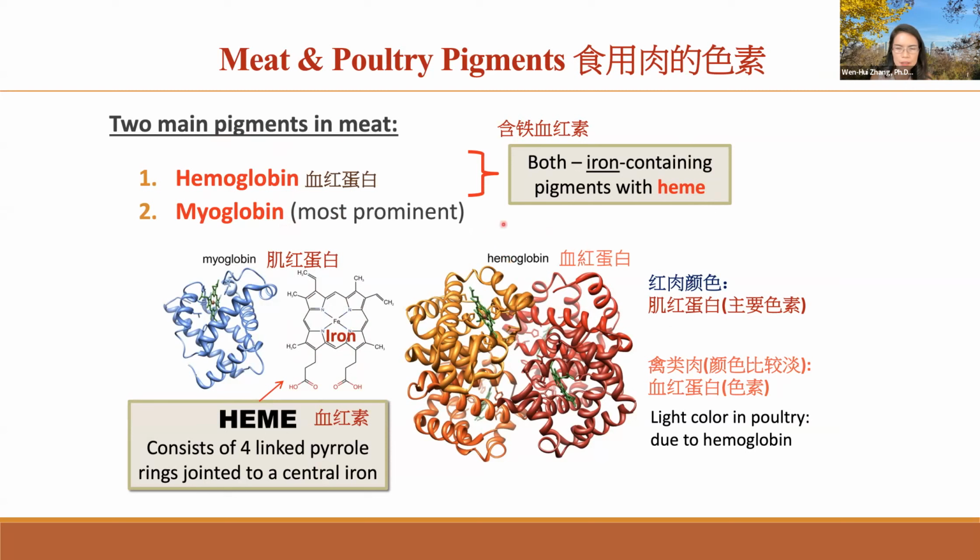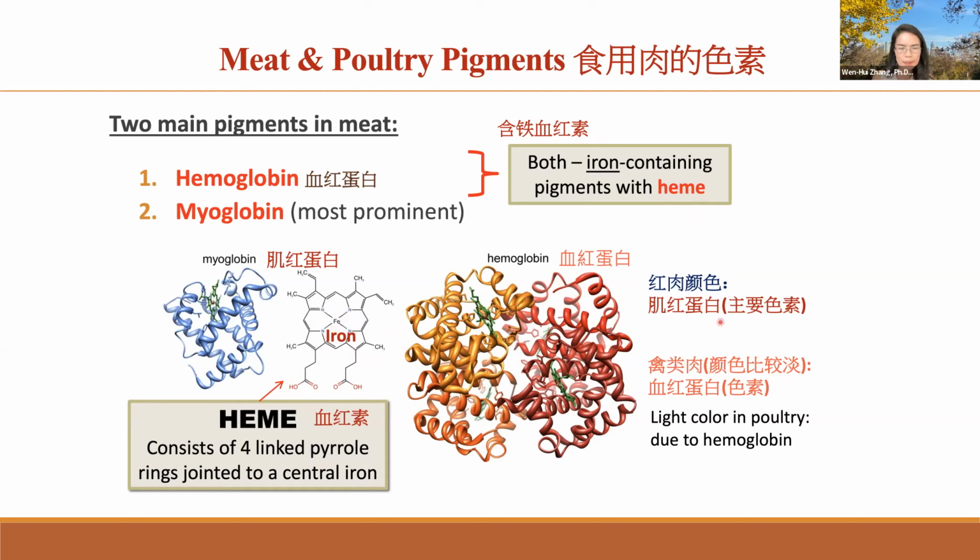Hemoglobin carries oxygen in blood and in our red blood cells. So both hemoglobin and myoglobin are iron-containing pigments with heme. This is the heme, this is the iron in the center.